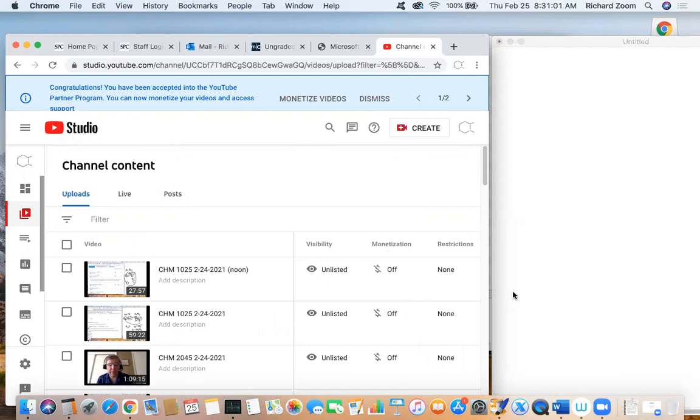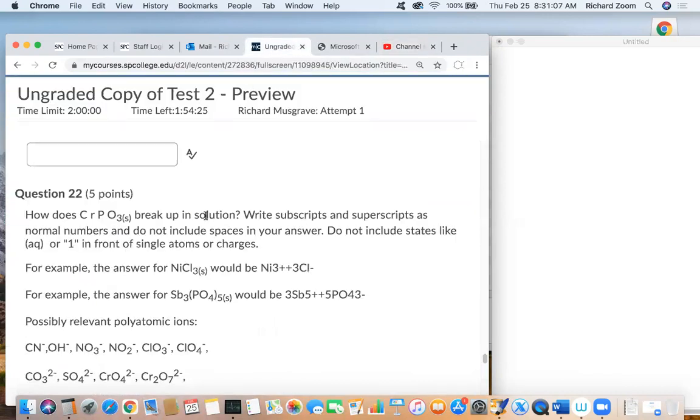So in that, let's go back to it. Let me write down or show you, there it is, CrPO3. So I'd like you to see if you can respond to that. Can you not see the poll? Nobody's responded.